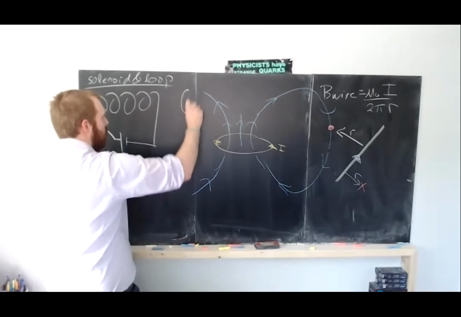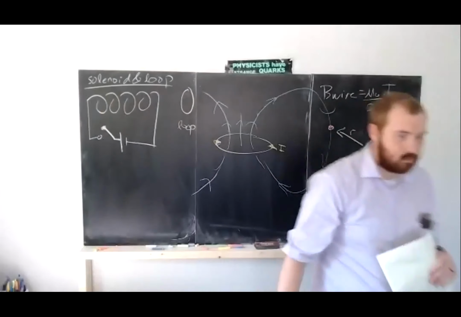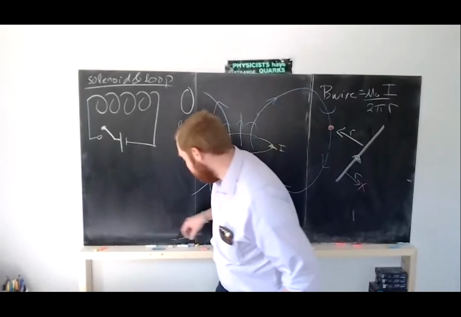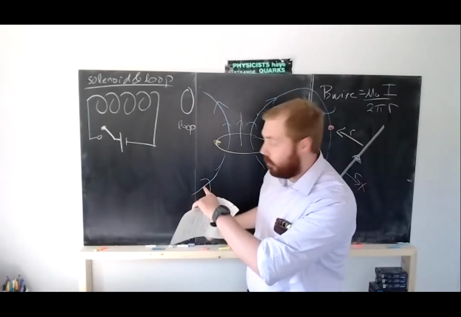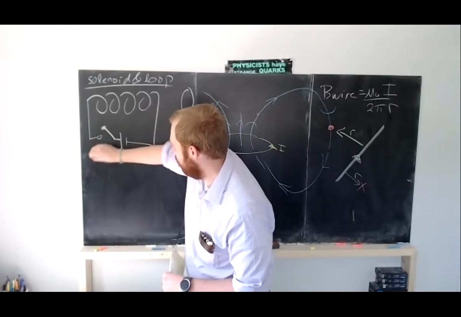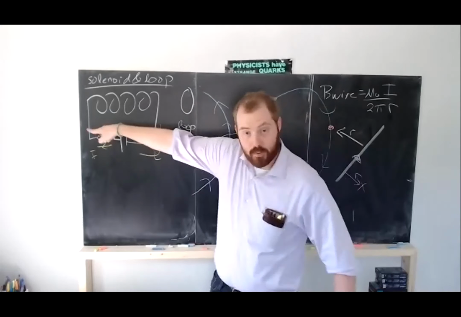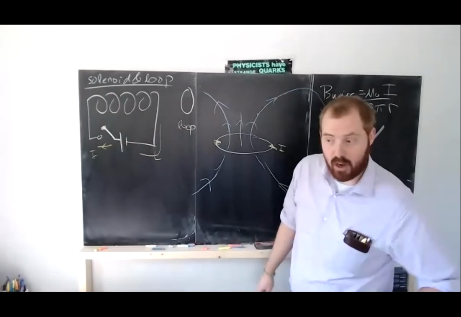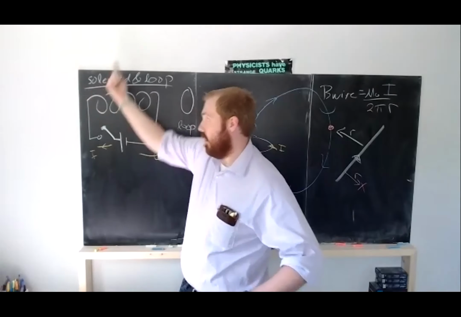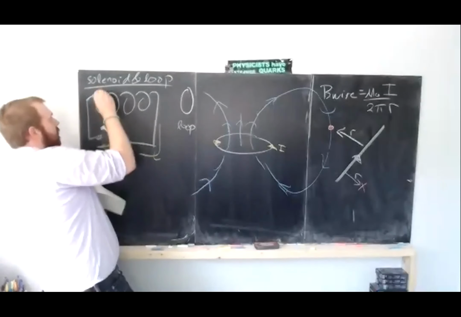And then over here, there'll be a separate loop. So as I close the switch, we're going to see current flow this direction. Which means in the solenoid itself, it comes out, in, out, in. If you want the dots and X's, here is the current.